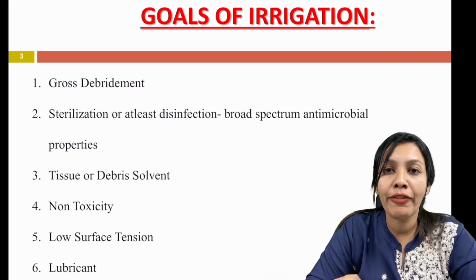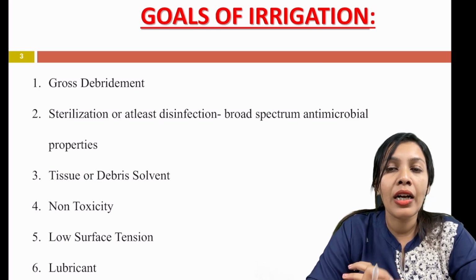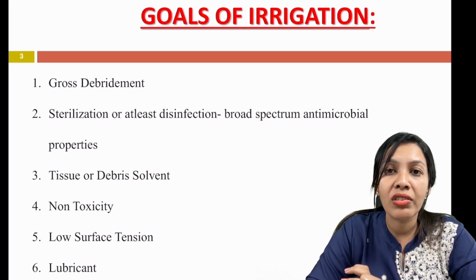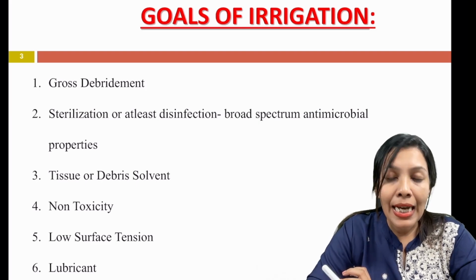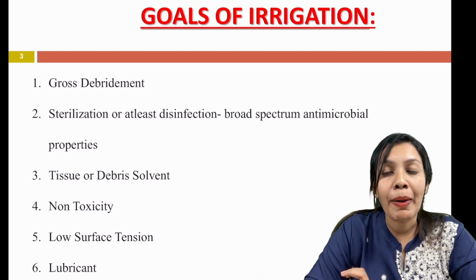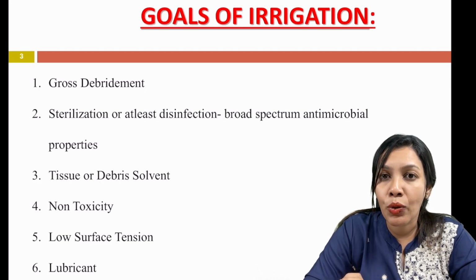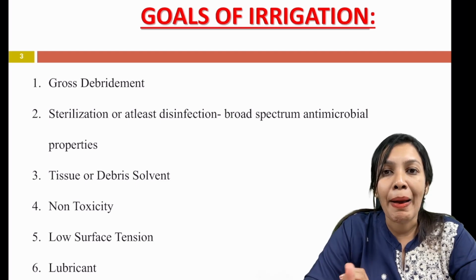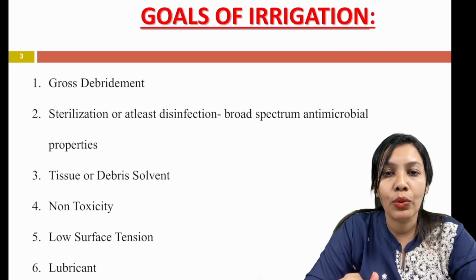So what is the goal of an irrigant? The irrigant should be able to cause a gross debridement of the smear layer, microorganisms, etc. It should have a broad spectrum antimicrobial property because there is a large spectrum of microorganisms present in the root canal.